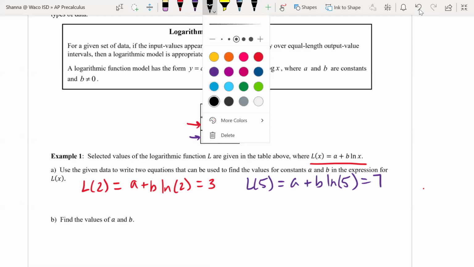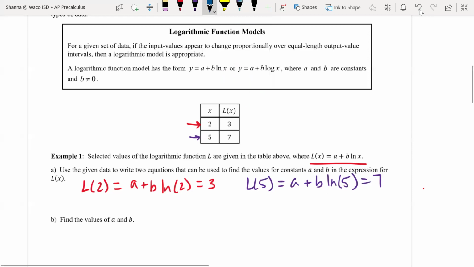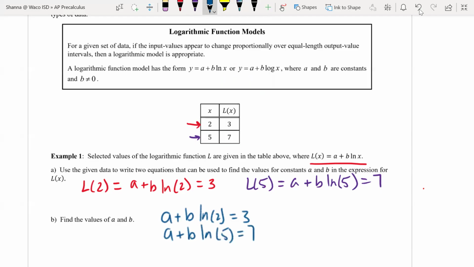So creating a system, we're just going to line them up. So we have A plus B natural log of 2 equals 3. And then we have A plus B natural log of 5 equals 7.